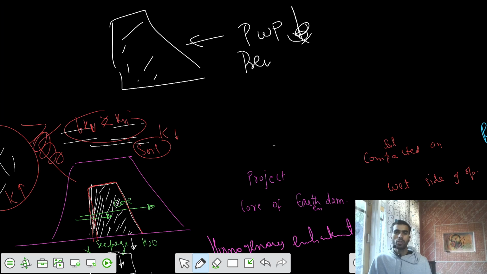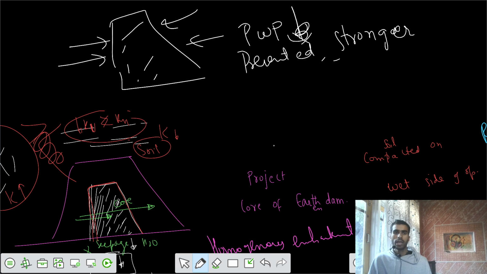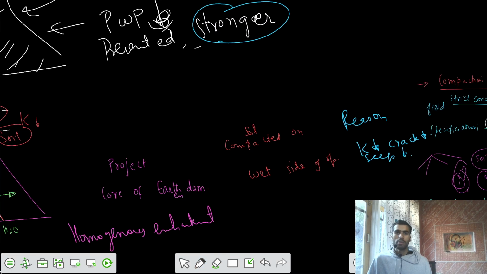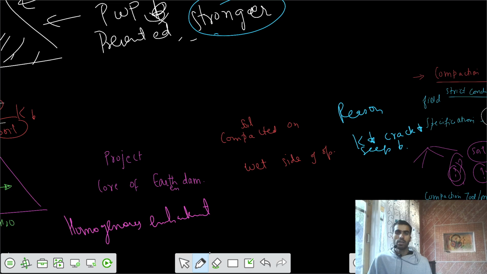And because this is an embankment that has to retain something, the material and structure should be strong. So strength should be more and pore water pressure should be less.